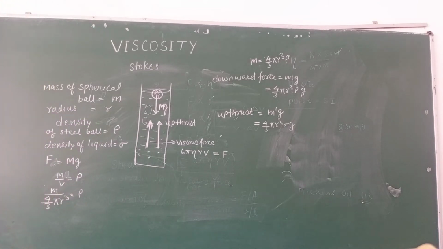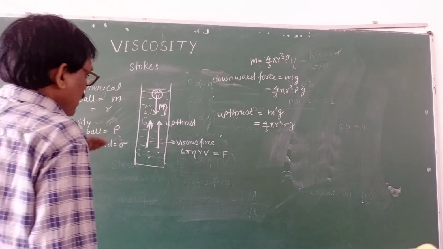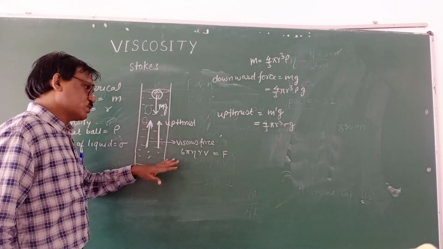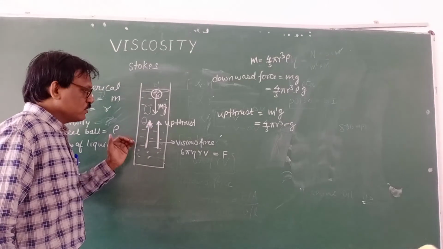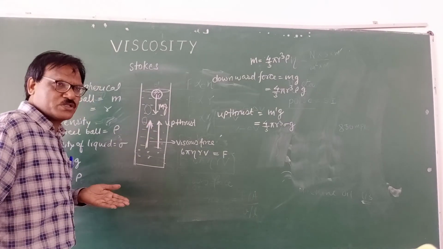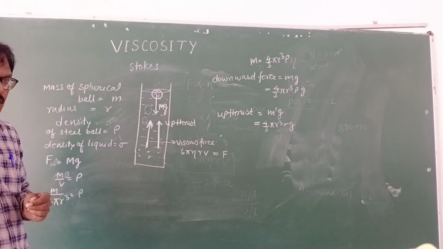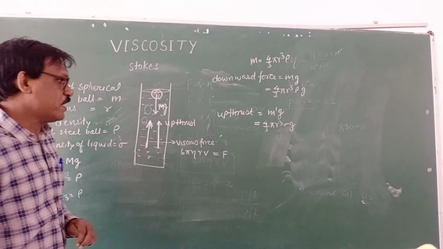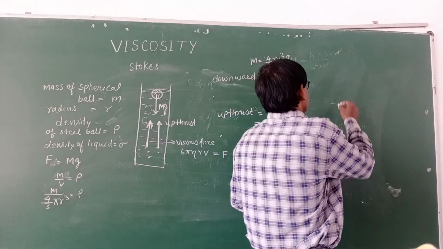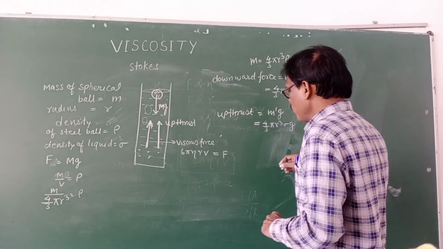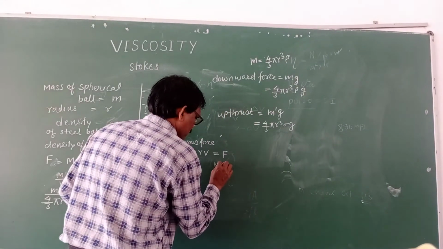Although we can say the upthrust is constant, the viscous force increases due to the different layers which exert the force. So initially its velocity is more because mg is more and these two forces are less. After some time, the viscous force also increases due to the interaction with the layers. One situation arises at which the net downward force is equal to the net upward force.